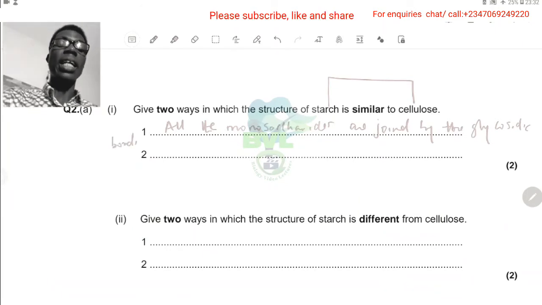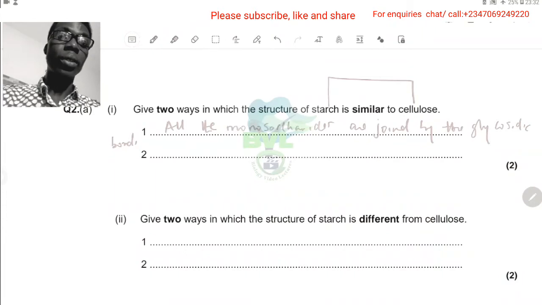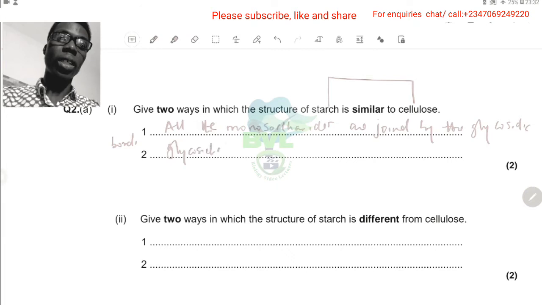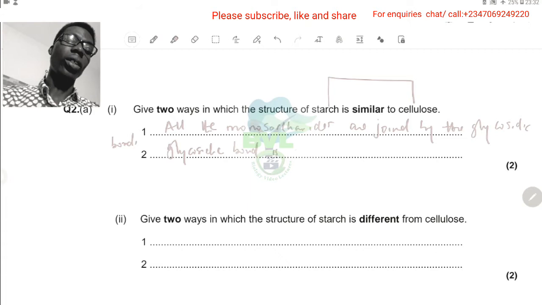Then the next point is the glycosidic bond is between carbon 1 and carbon 4.